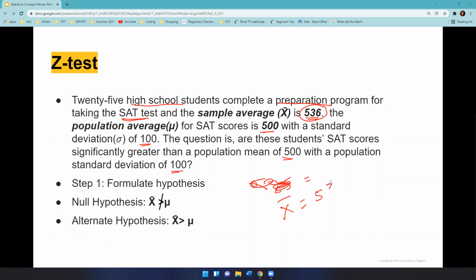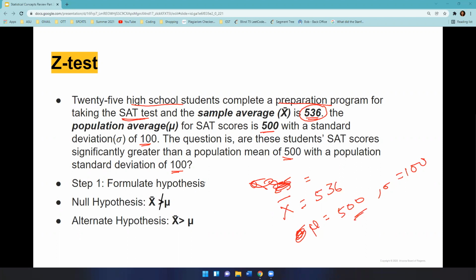So the average is 536. That is the average of 25 students once they went through the preparation program. But the population average mu is 500, of the whole school, with a standard deviation of 100. So now we are trying to see whether this particular value is significantly greater than this value.